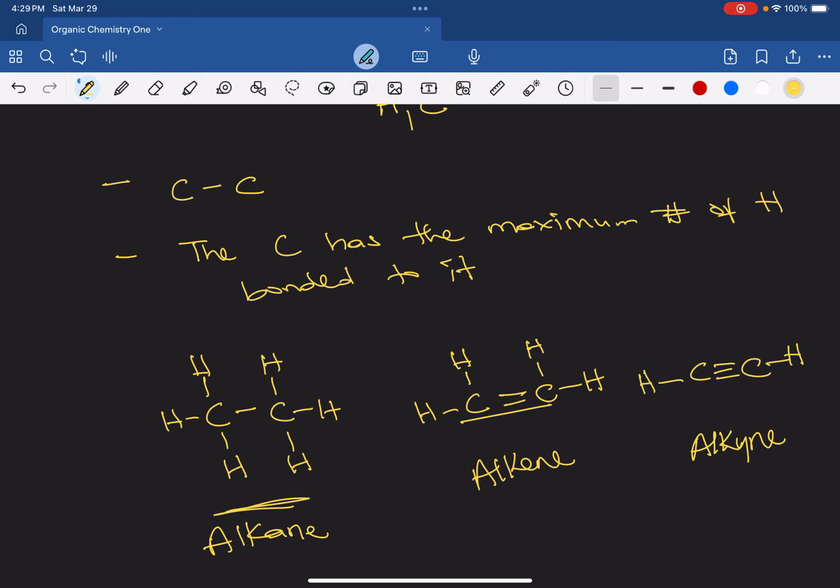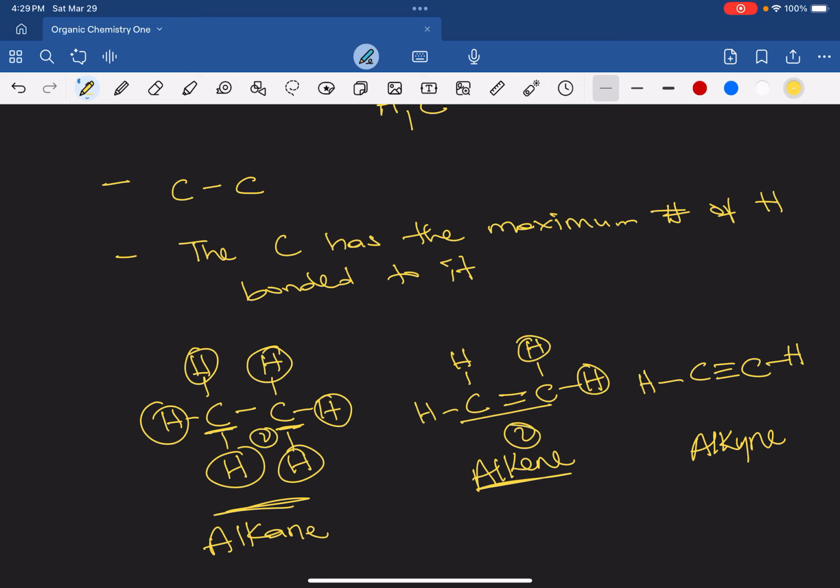Now, let's look at what saturation really means. If you look at the carbons in your alkane, each carbon has 3 hydrogens. If you look at an alkene with the same number of carbons, it's 2 carbons, right? You will notice each carbon only has 2 hydrogens.